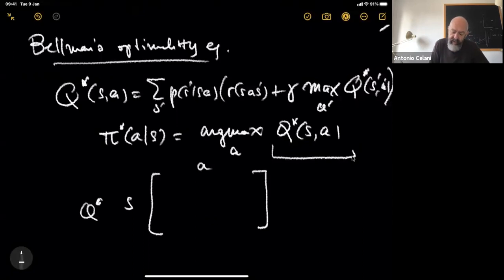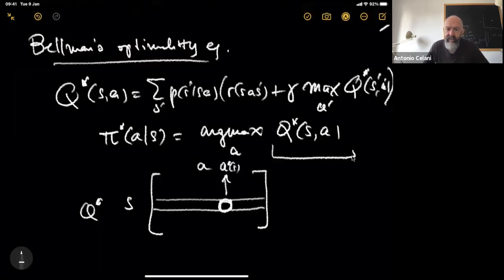Then if you fix on one particular row and you select the column which has the largest entry, this will select the best action. Okay, this is what this formal expression above for the optimal policy means.